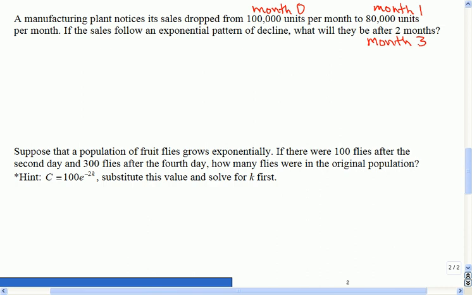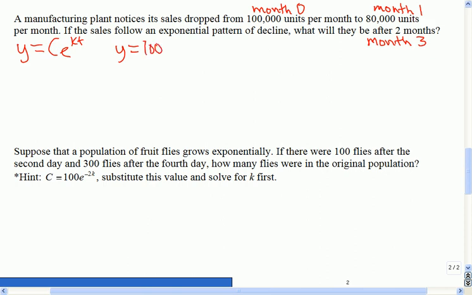It looks like most people are just about finished the first one, so I'll try to catch up with what I would have done here. You can start on the second one if you're already finished. So the initial population is 100,000. So that means I'm going to have a constant for 100,000.